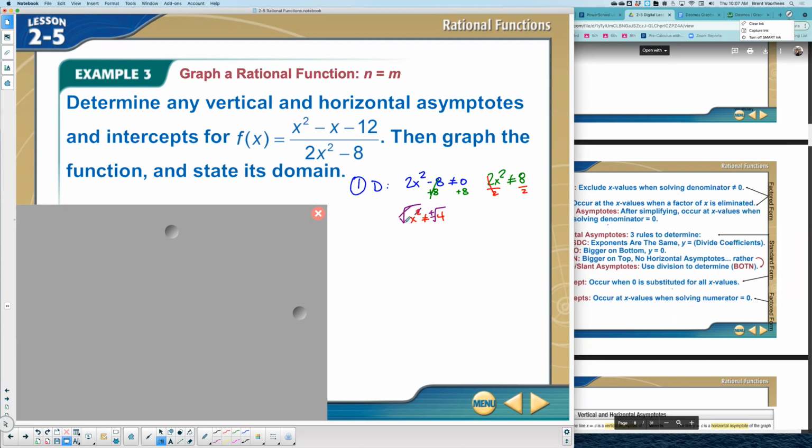Plus or minus. So we'd have x cannot equal positive or negative 2. That's our domain. What does it mean if you have a domain break? There's either a hole or a vertical asymptote. Very good. Okay, so how do we find that out?